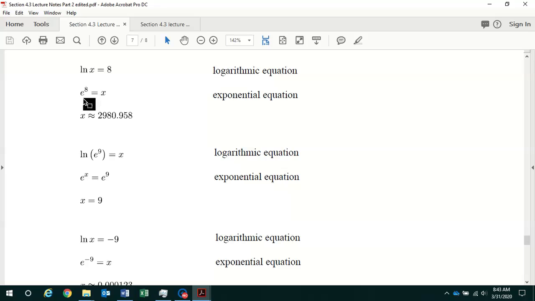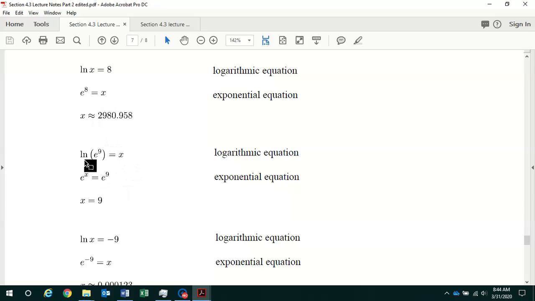Well, x equals e to the 8th power is the exact solution to this equation. Using your calculator, the decimal solution of x equals e to the 8th is x is approximately equal to 2,980.958. So this is the exact solution. This is the decimal answer.